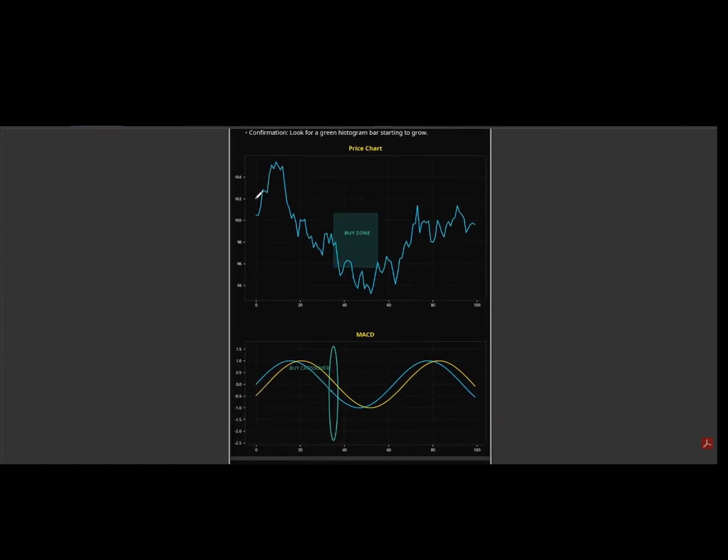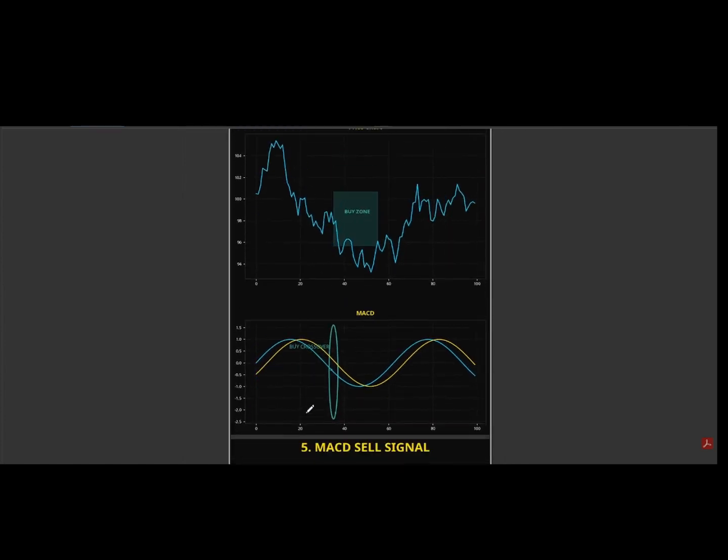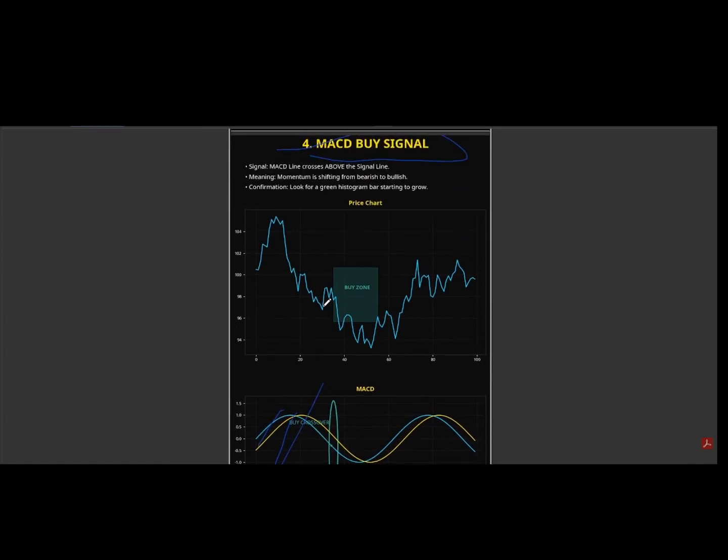This will be your chart and this will be your MACD. You see the MACD is crossing over from down to up, and this creates a good buy zone. Now you understand that your bias today should be a long side bias, and you should look for longs here. When the MACD line crosses above the signal line, this is called a good buy signal.